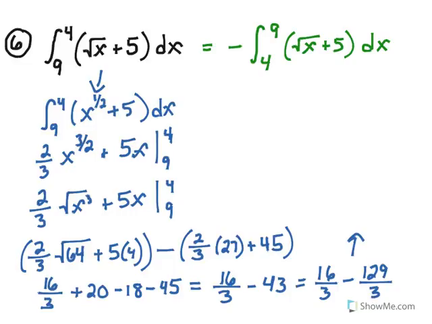So final answer there, 16 minus 129 is negative 113, so negative 113 over 3. So the net area under the curve here is negative 113 over 3, meaning there's more area below the x-axis than above.